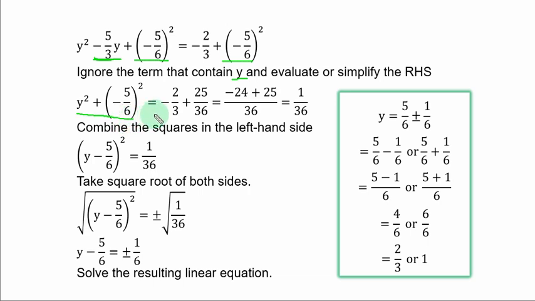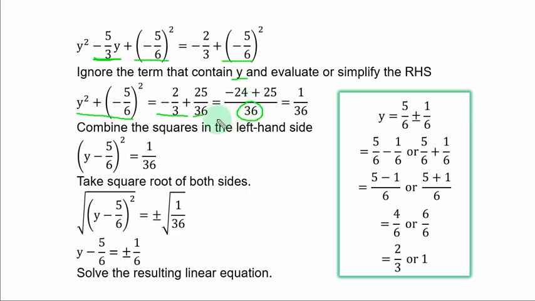So we have equal to minus 2 over 3 plus minus 5 squared, which is plus 25, over 6 squared, which is 36. The LCM of 3 and 6 is 36. We are trying to simplify the right hand side.